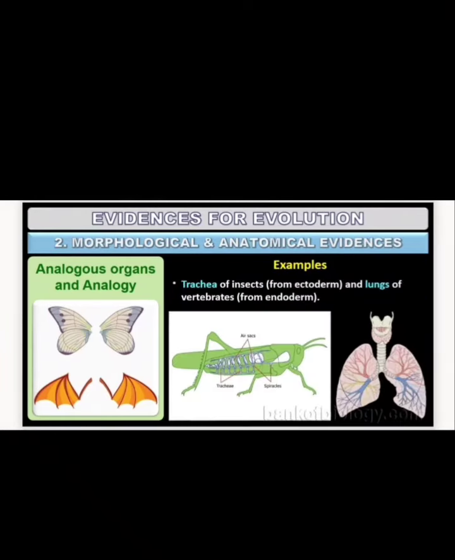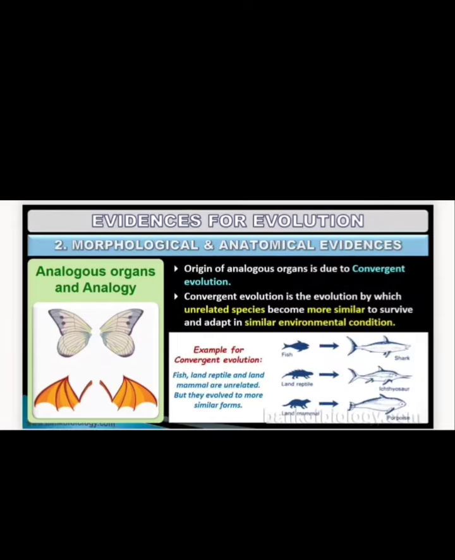So the origin of analogous organs is due to convergent evolution.